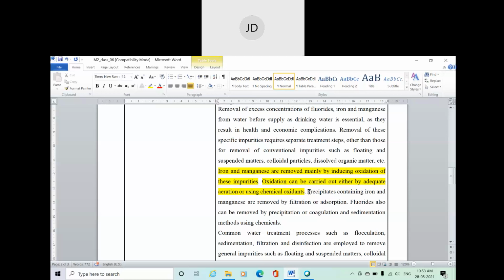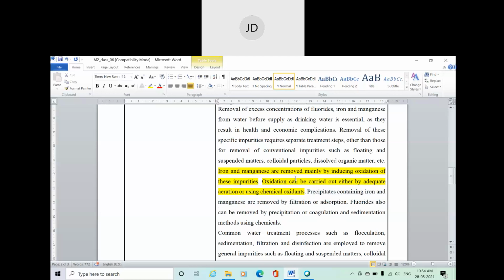Okay, not only iron and manganese can be oxidized, other chemical impurities like H2S, which may create bad odor, can also be removed by precipitation. So precipitates containing iron and manganese are removed by filtration and adsorption.